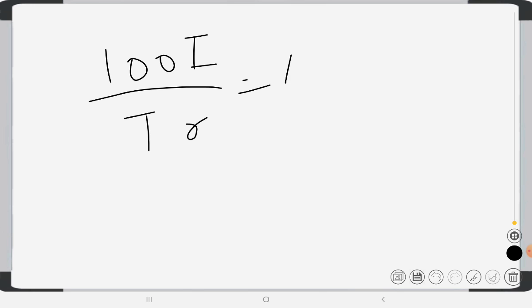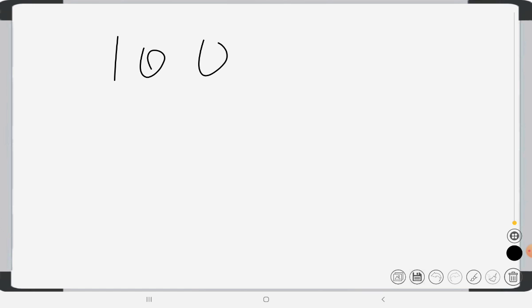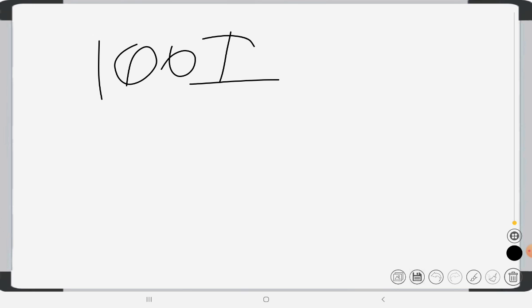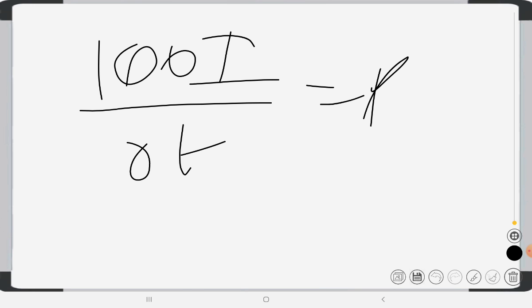Same process, no change. 100I by TR is equal to P. I think you understand. And how to find T? Just by interchanging their places. 100I by PT is equal to R, and 100I by RT is equal to P.